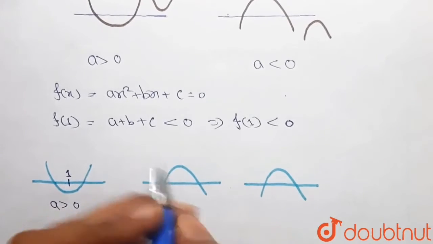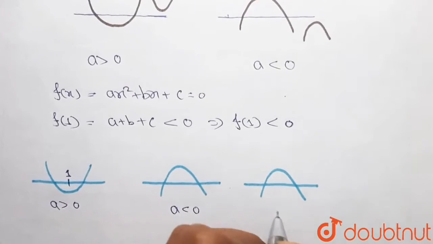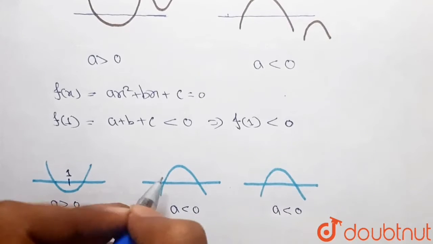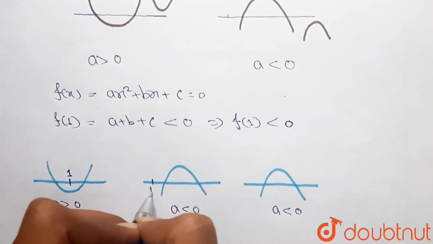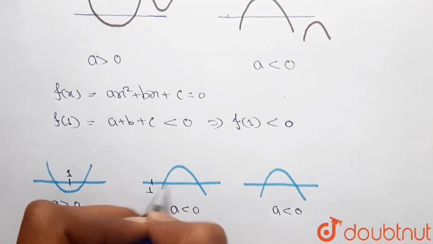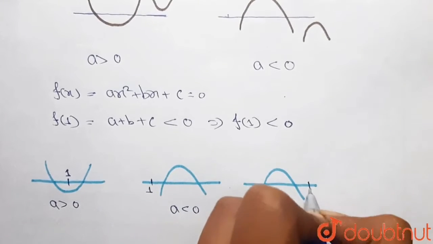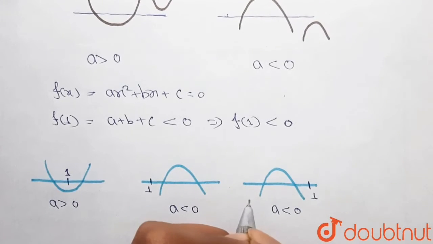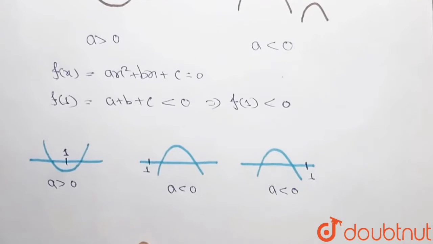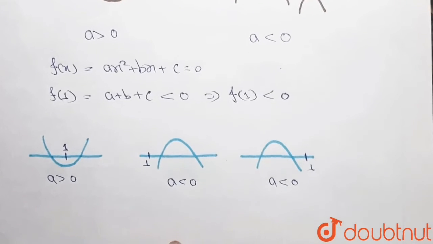But if a is less than 0, that is if a is negative, then either 1 can lie here, that is both the roots will lie after 1, or both the roots will be greater than 1, or 1 will lie here, that is both the roots will be less than 1, right? So these are the three possibilities, or these are the three cases.